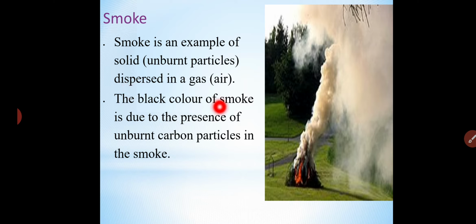The black color of smoke is due to the presence of unburnt carbon particles. When substances are not fully burnt, some unburnt particles remain in the air or gas, and we call it smoke.